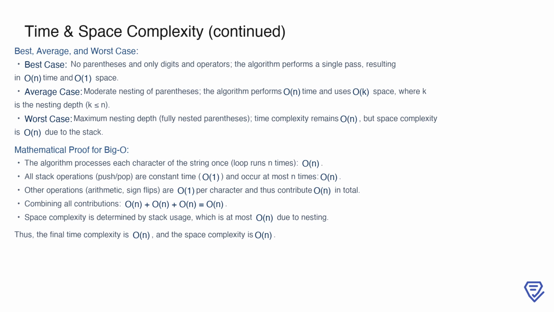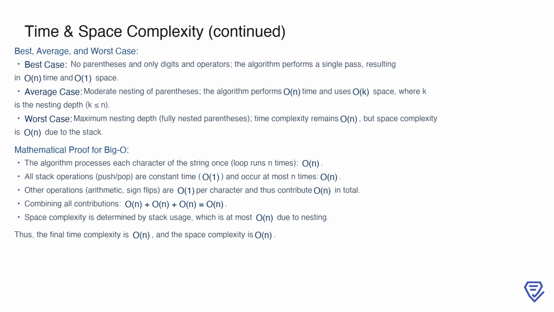However, the space complexity depends on the nesting depth, which we denote as k. Since k is always less than or equal to n, the space complexity becomes O(k). Finally, in the worst case, where the input has maximum nesting depth, fully nested parentheses, the time complexity remains O(n), but the space complexity reaches O(n) due to the stack size.